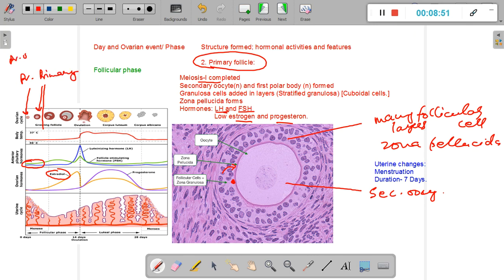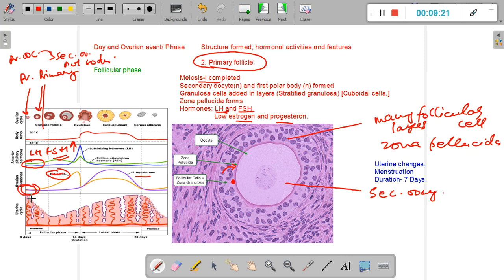The primary oocyte has been converted into a secondary oocyte and a polar body. The hormones LH and FSH have slightly increased, but that amount is sufficient to cause formation of follicular cells. The concentration of estrogen and progesterone remains low.